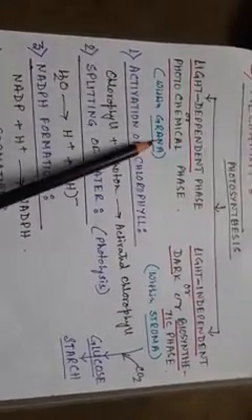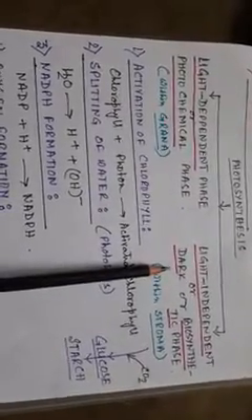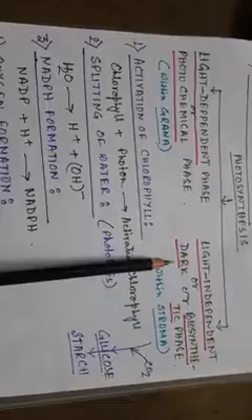That's why one is called the light phase and this one is called the dark phase. Light phase occurs in the granum of the chloroplast, and dark phase occurs in the stroma or the matrix of the chloroplast.